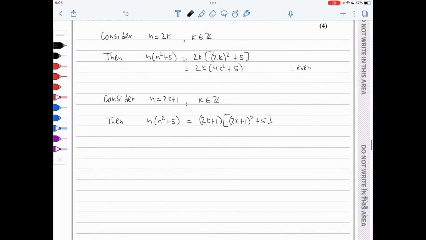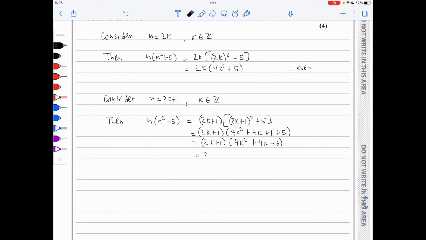So this means that we're looking at (2k plus 1) brackets 4k squared plus 4k plus 1 plus 5, which simplifies to (2k plus 1)(4k squared plus 4k plus 6). That is a common factor of 2 in this second bracket.